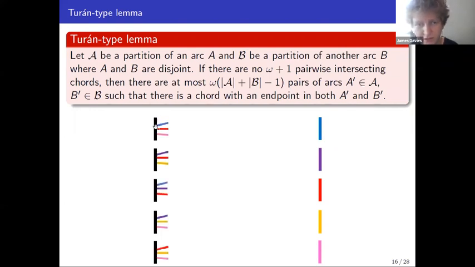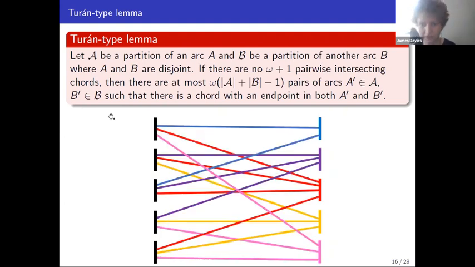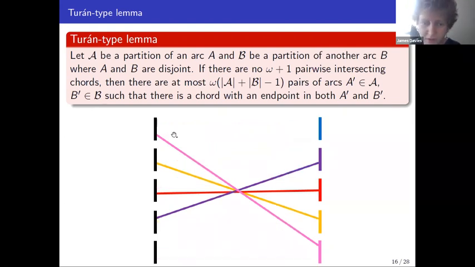And each of these is in at least 3 of these pairs, because we've chosen them to have 3 of these colors. So what we'd end up getting in this case is something like this. And by design, we're going to have lots of these chords between lots of different pairs. By applying a Turan-like lemma, this means there's a clique in here somewhere. So in this case, we find these 4 pairwise intersecting chords.